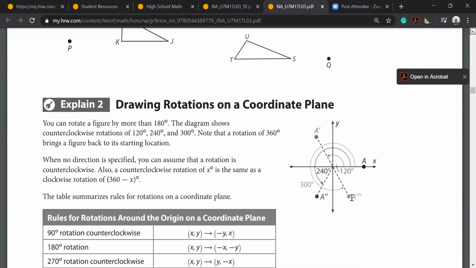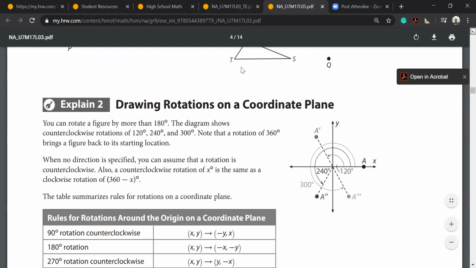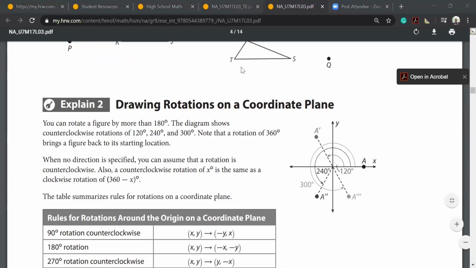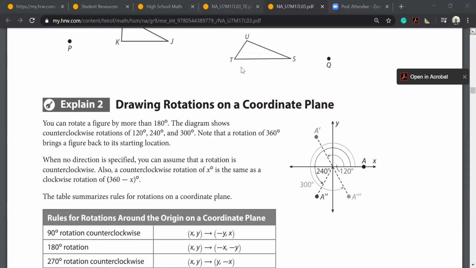We said this before in grade 8, but let's write it: 90 clockwise is the same as 270 counterclockwise, and the opposite.